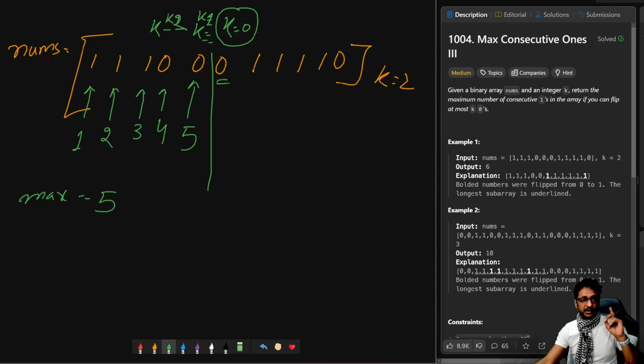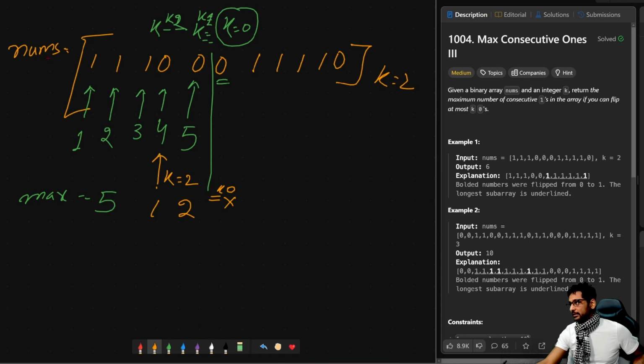The second time we calculate, we start again from the first 0 value, from index number 3. So we reset our k to 2 and start calculating from here: 1, then 2, and when we go to the third 0, k will become 0, so we have to reset it.